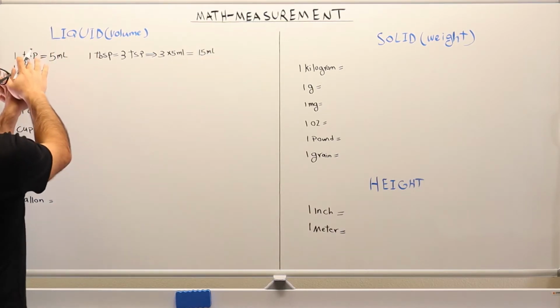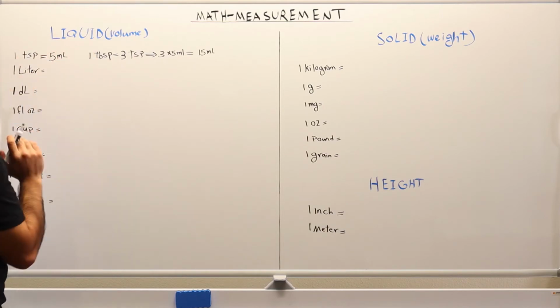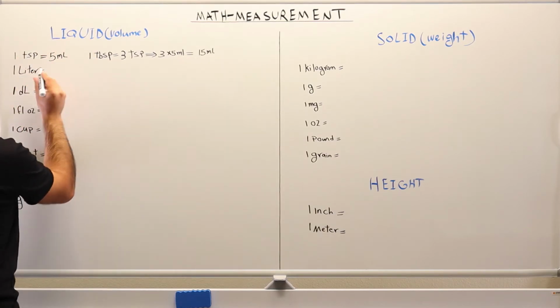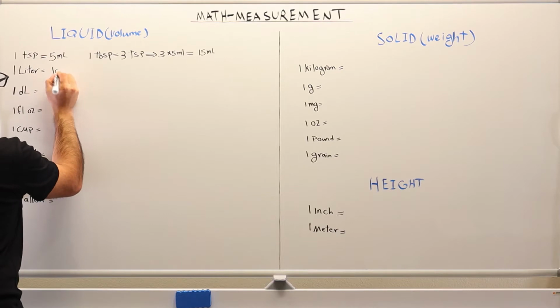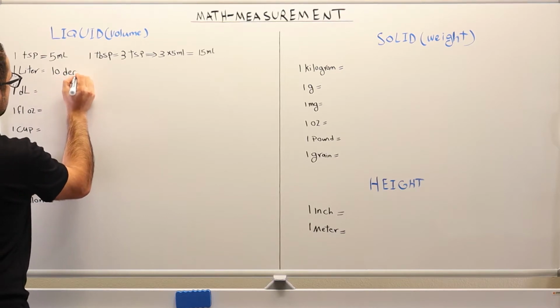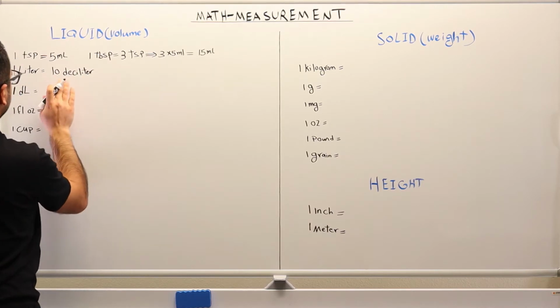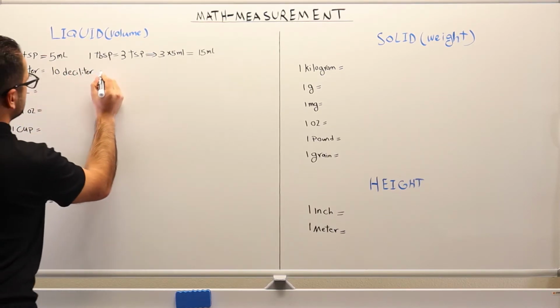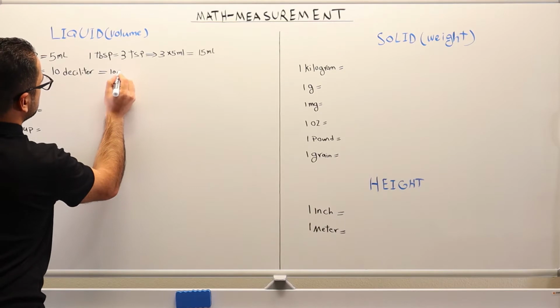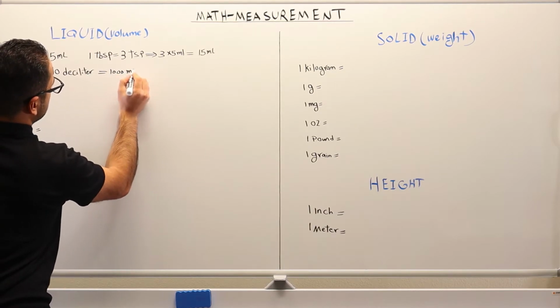So now moving from teaspoon and tablespoon all the way to liters. 1 liter is equal to 10 deciliters. And 10 deciliters, or 1 liter, is also equal to 1000 milliliters.